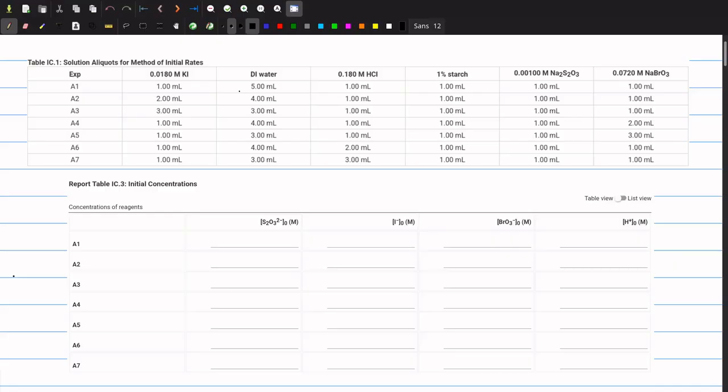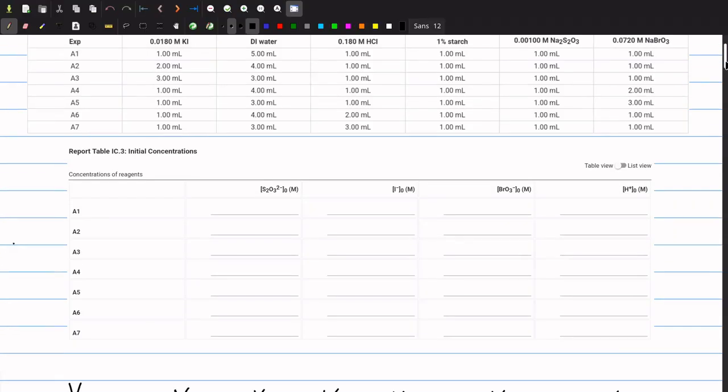If you add these up going left to right here, you're going to see that they kept the total volume in each one of these to 10 mL. So like 3 plus 3 is 6, 7, 8, 9, 10. And the same for A4 here. We have 1, 5, 6, 7, 8, 9, 10.